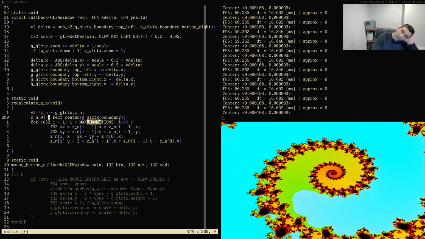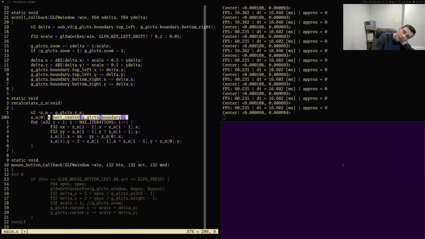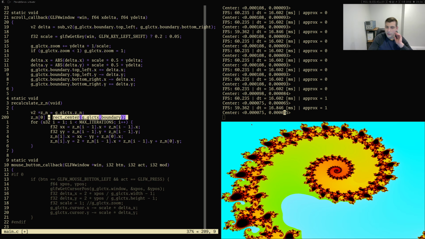This rectangle center, I'm really worried that it's going to be basically 0 from the floating point perspective. So right here, it's not quite 0, but it's a problem. That is a problem. How can I do that?